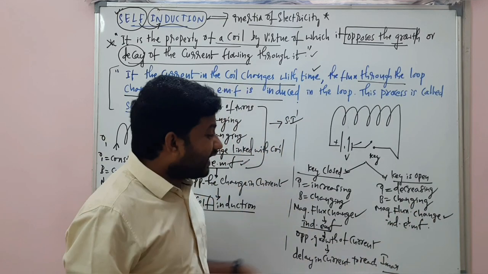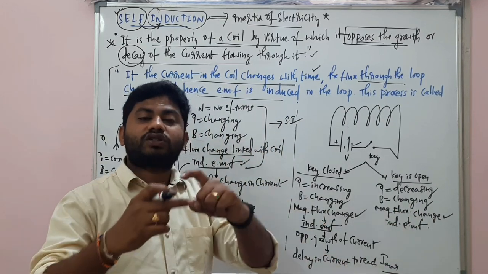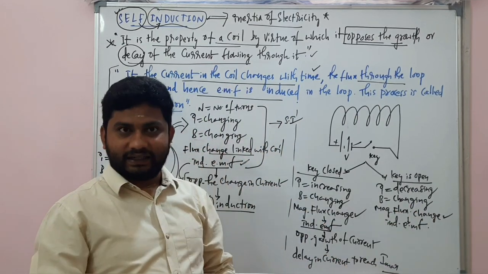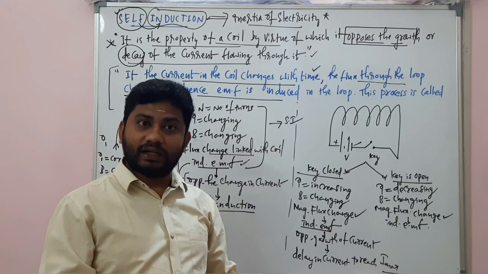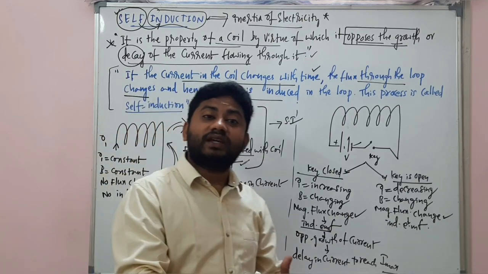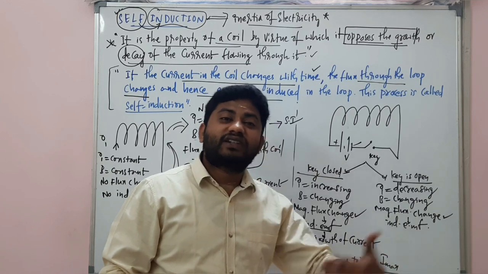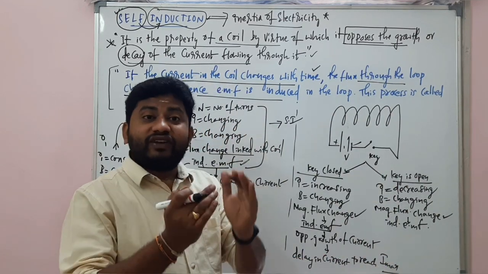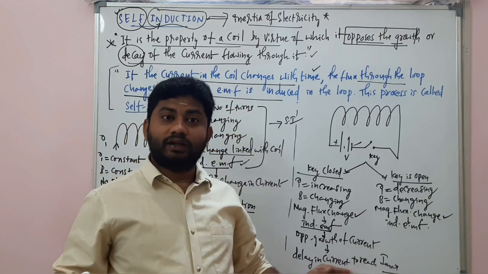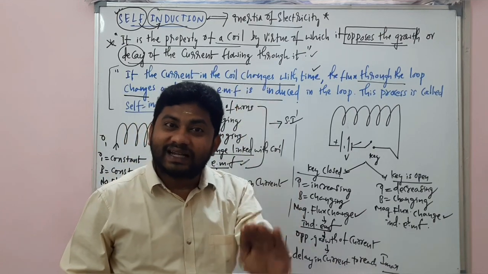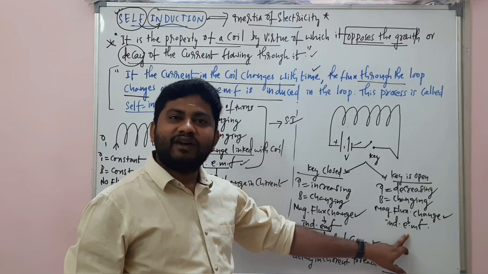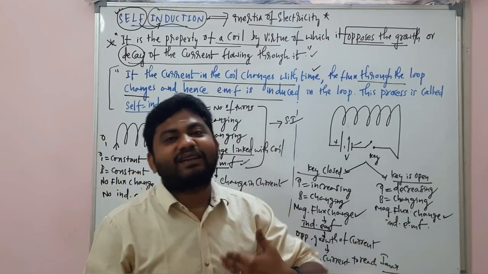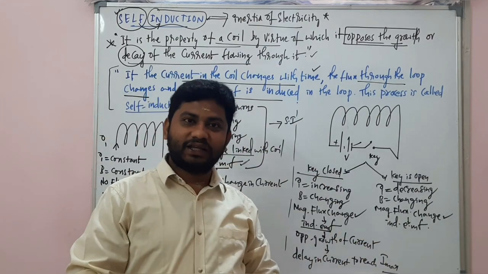This induced EMF will always oppose the change in current. If the current is increasing, this induced EMF will try to decrease the current passing through the coil. If the current value is decreasing, listen, this induced EMF will try to increase the current flow in the circuit.